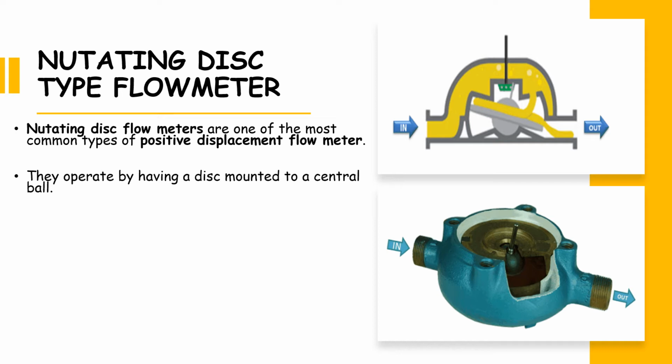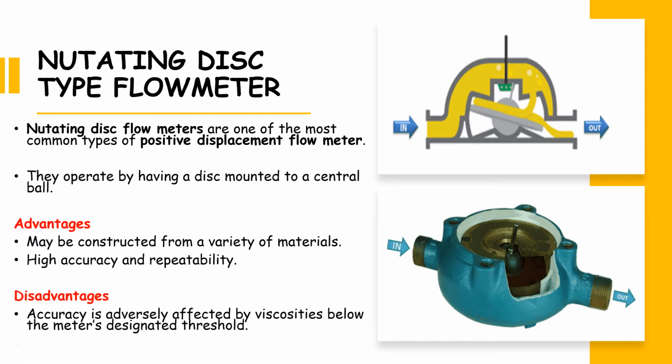A mechanical or electromechanical sensor detects the rocking of the pin and hence the flow is measured. Now the advantages and disadvantages: advantages are that it may be constructed from a variety of materials and has high accuracy and repeatability. The disadvantages: accuracy is adversely affected by viscosities below the meter's designed threshold.